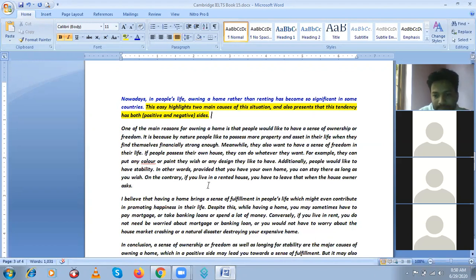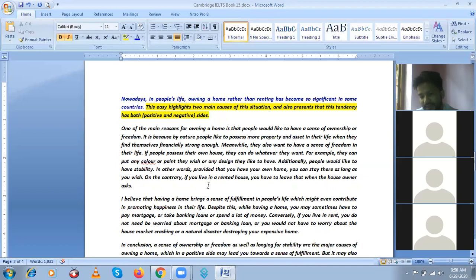In the introduction, nowadays in people's life, owning a home rather than renting has become so significant in some countries. This is a complex sentence and is so precise. This essay highlights two main causes of this situation and also presents that this tendency has both positive and negative sides.